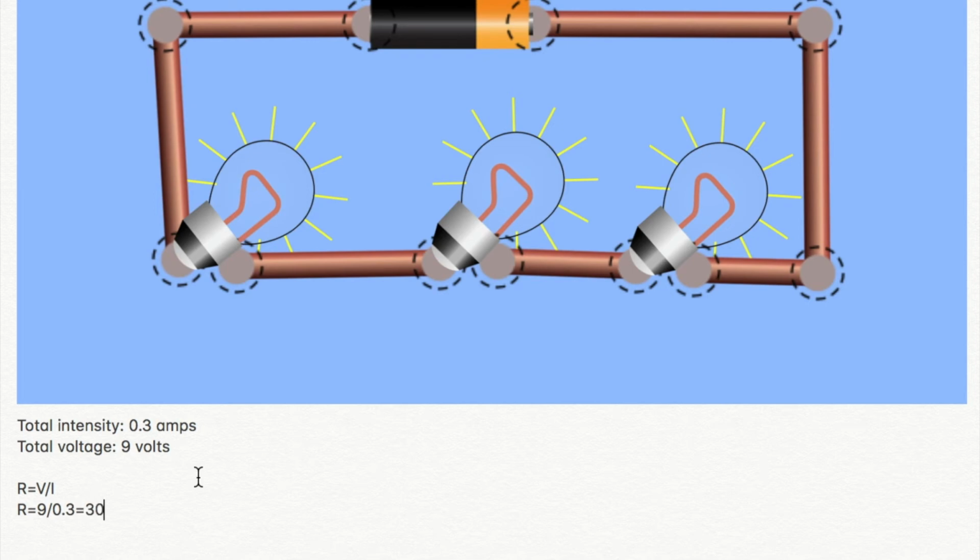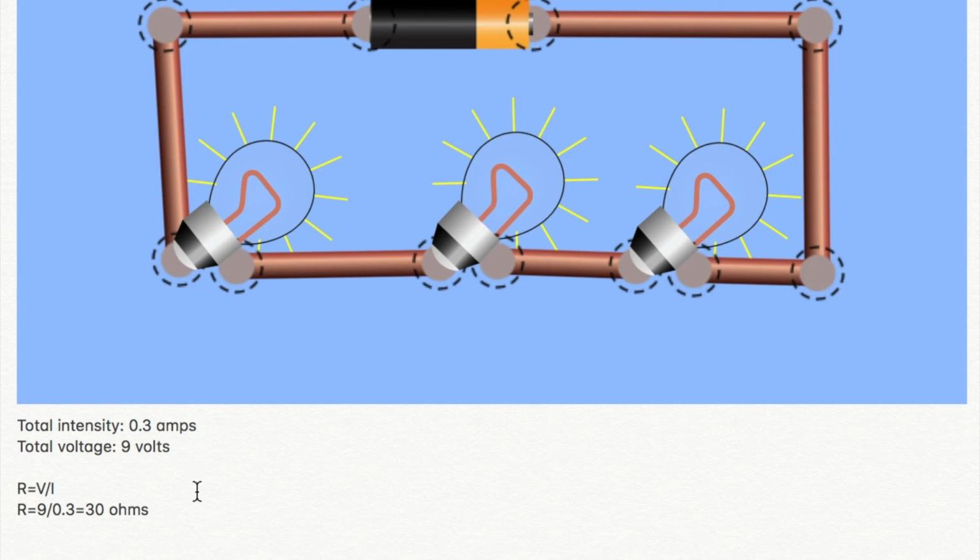That gives us 30 ohms. The total resistance of this circuit is 30 ohms. But we still haven't solved the problem. We've only calculated the total resistance, not the resistance of each light bulb.